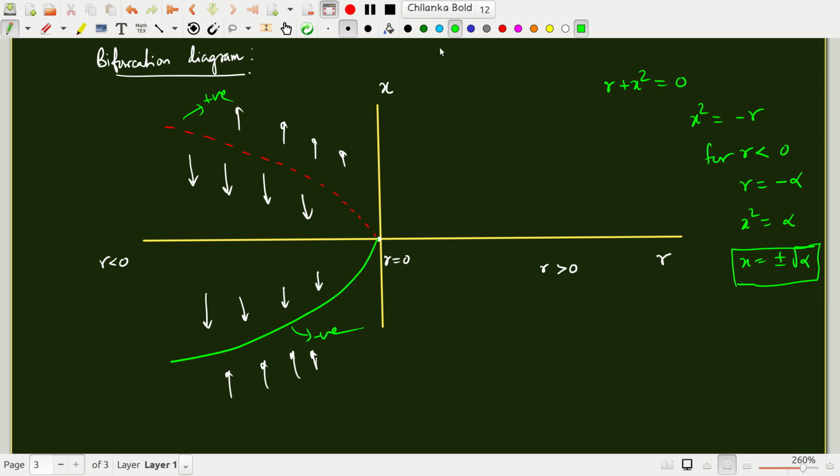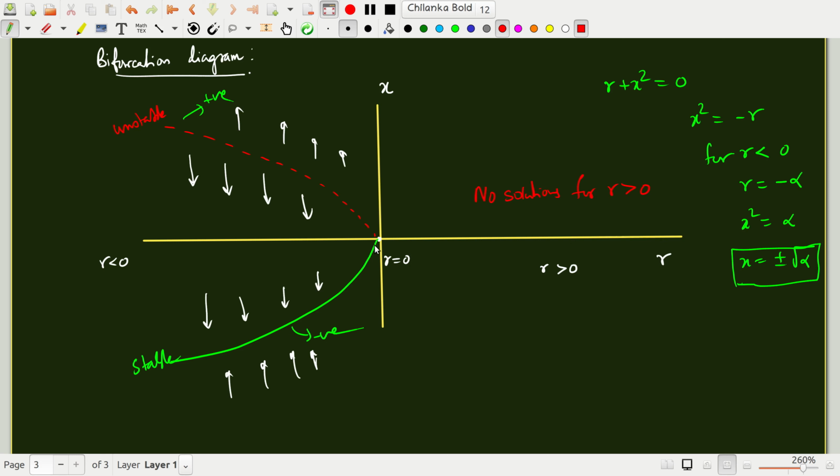So all initial conditions will go towards the stable fixed point. Now for r greater than 0, there are no solutions. So as I decrease r, there are no solutions.